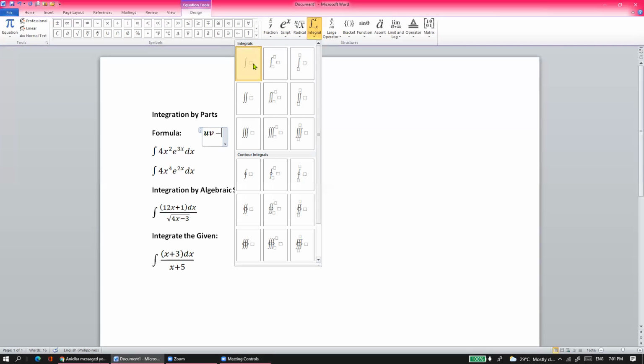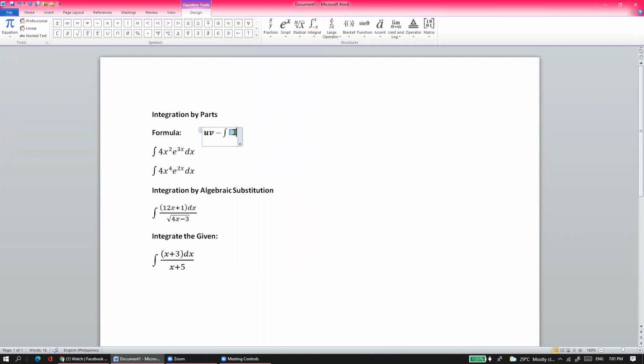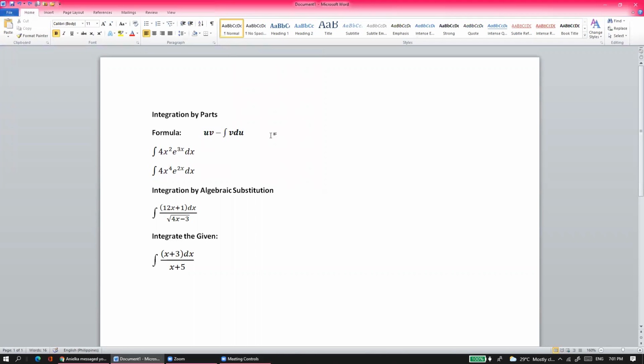So let me type it first. So yan lang naman ang formula na ating gagamitin para makalculate natin ang integral ng ating problem number 1. Now, let us start solving problem number 1.